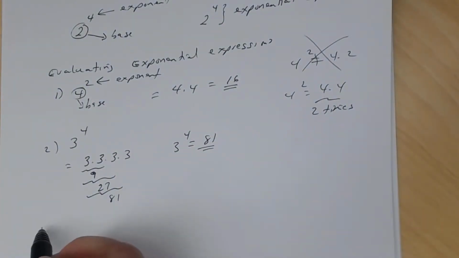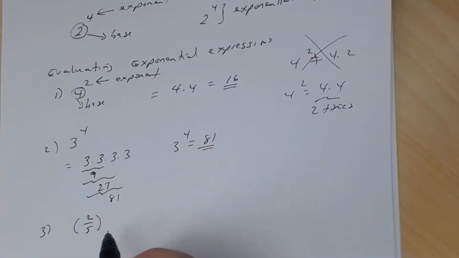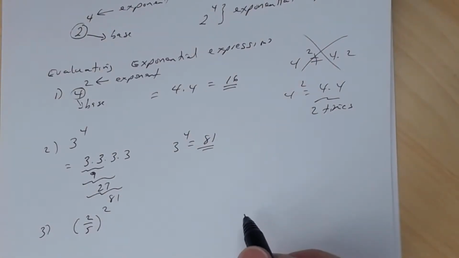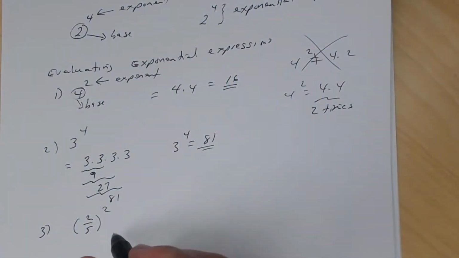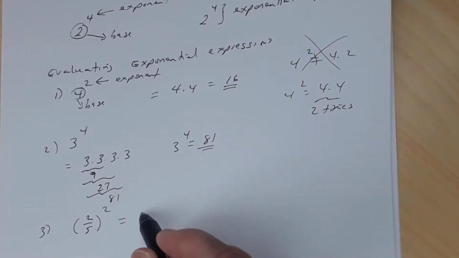Okay? Number 3. Suppose I had 2 fifths squared. So I had this fraction squared. Again, 2 fifths is your base, and 2 is your exponent. So this 2 fifths, which is my base, is a factor that's going to occur 2 times.